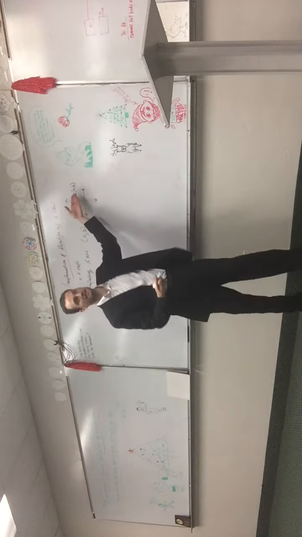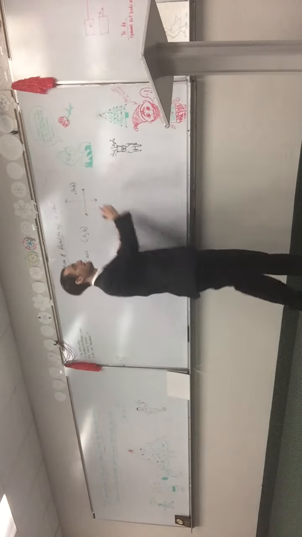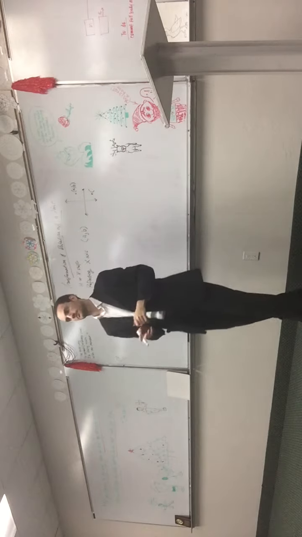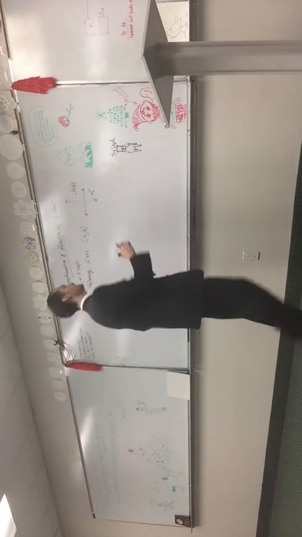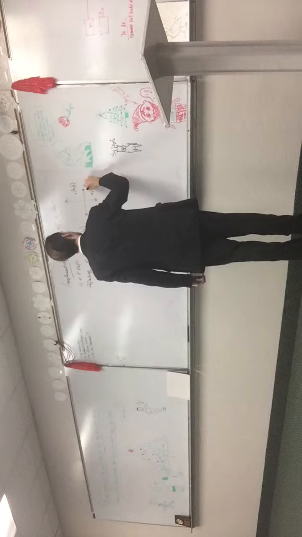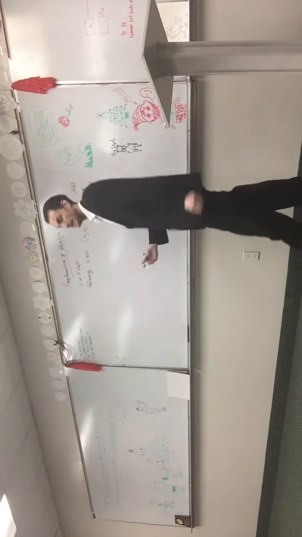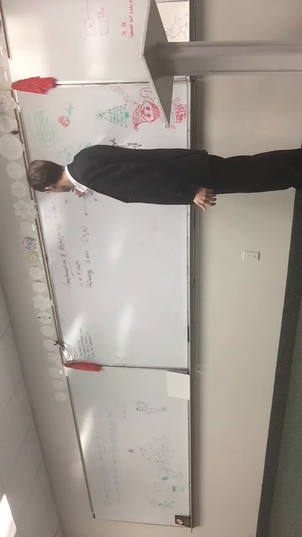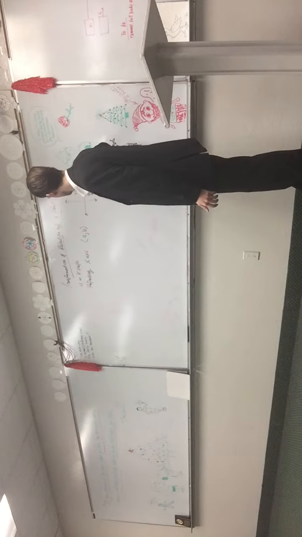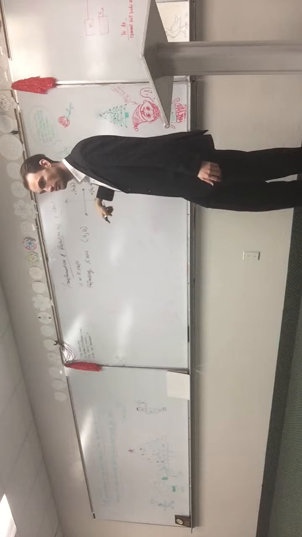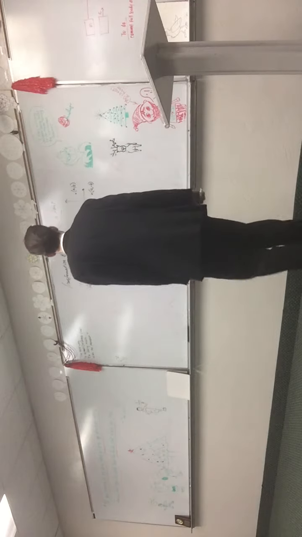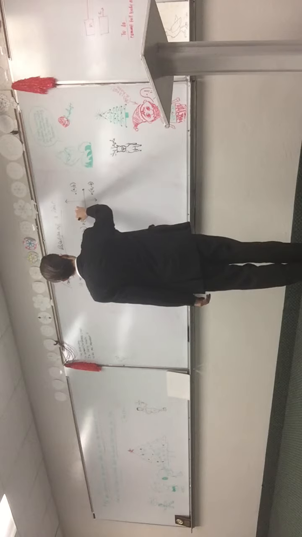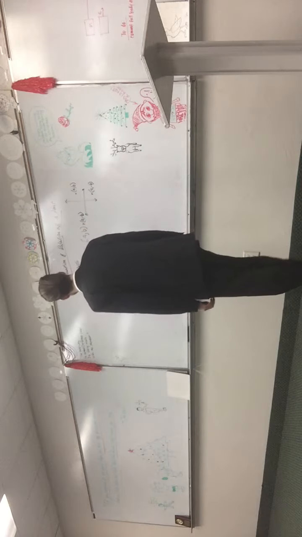If I reflect about the x-axis, I'm reflecting over like that. My new point is A, negative B. Does that make sense, everyone? The y value becomes negative, so AB turns to A, negative B. Okay?